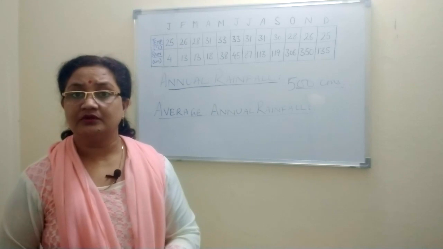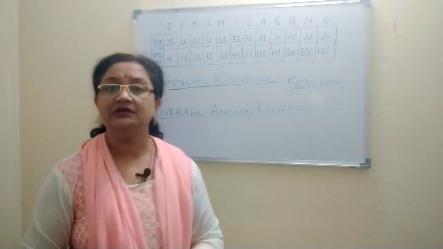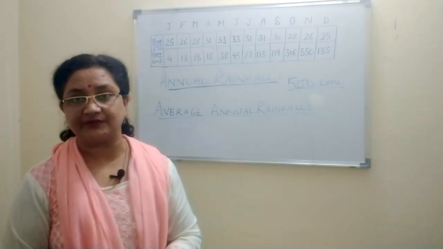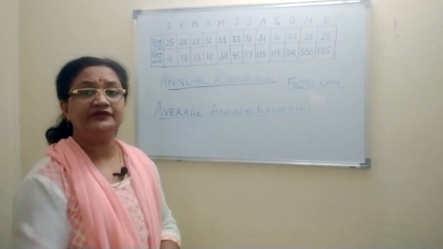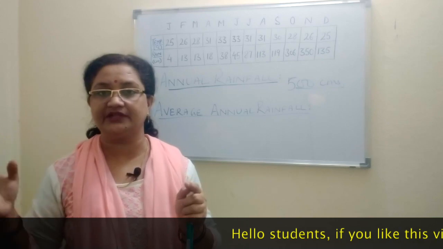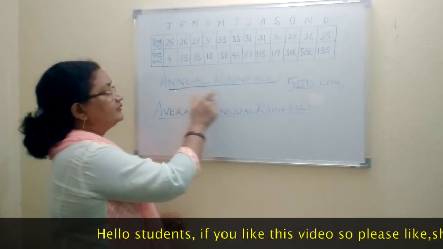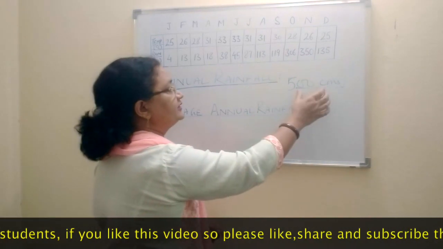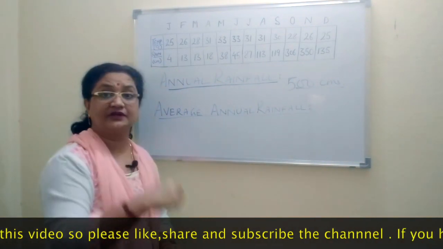Understood? This is how you have to find out the annual rainfall of any place. Because the data will be given to you, you just have to total all the 12 values for each month, and the sum total of that will be the annual rainfall of that particular place.